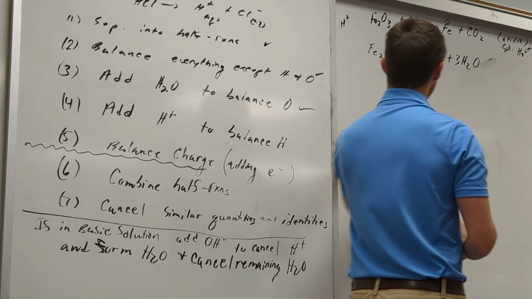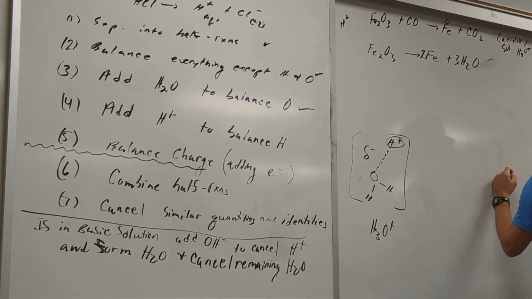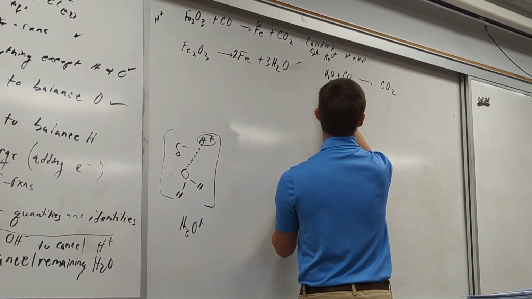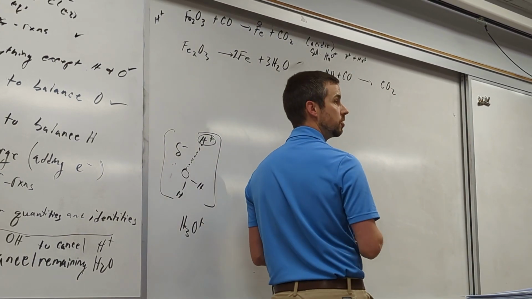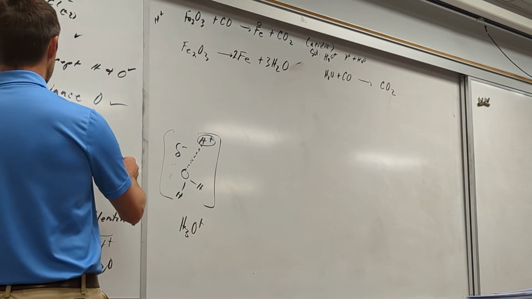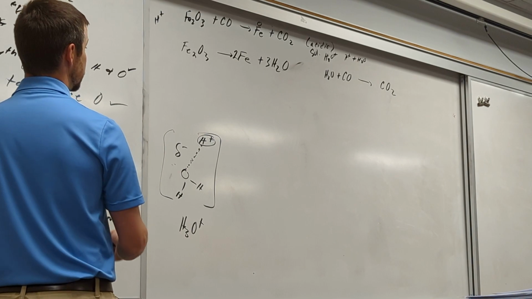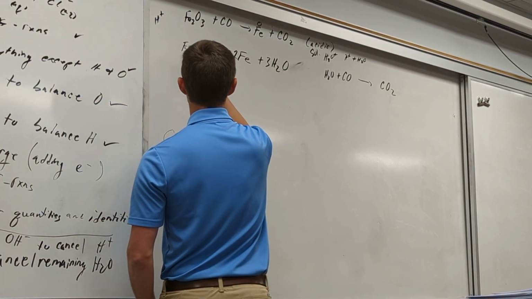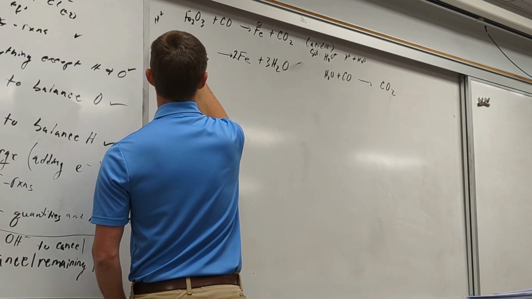Now that we have balanced these oxygens, let's balance these. 2 oxygens here, 1 oxygen here, so we need 1 water. 1 plus 1 is 2 oxygens. Go ahead and add hydrogen ion to balance the hydrogen. We have 6 hydrogen here, so we need 6 hydrogen here.